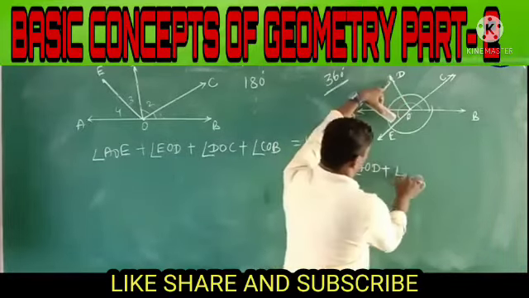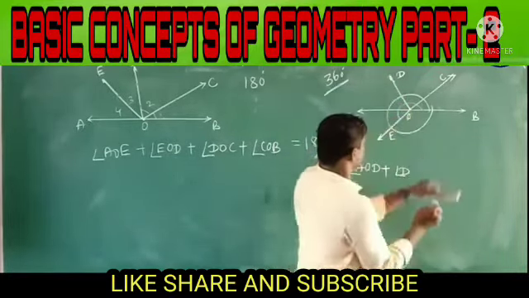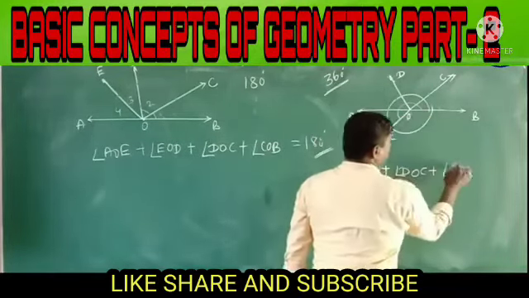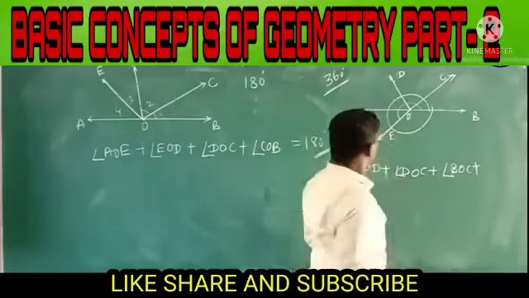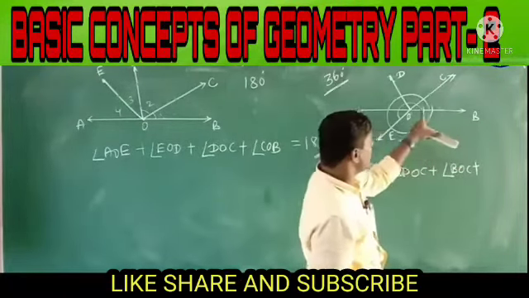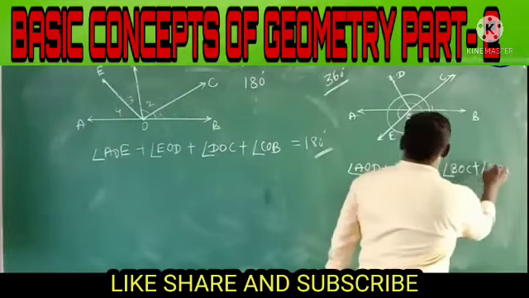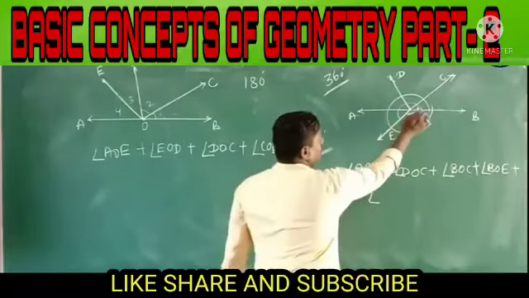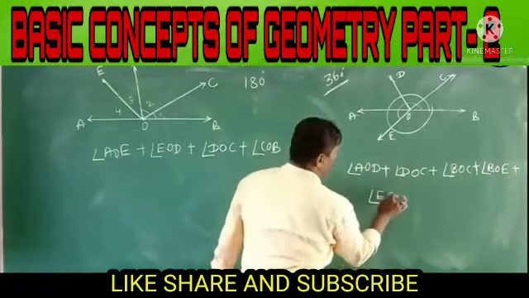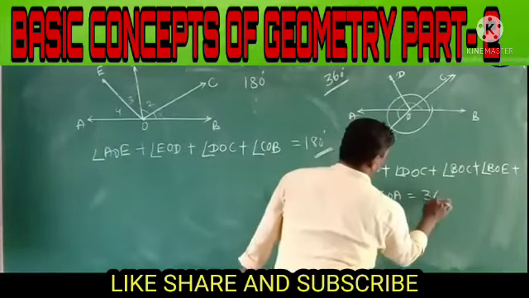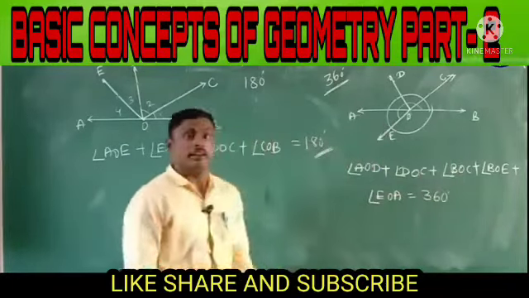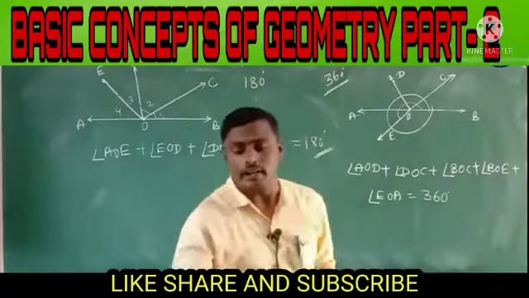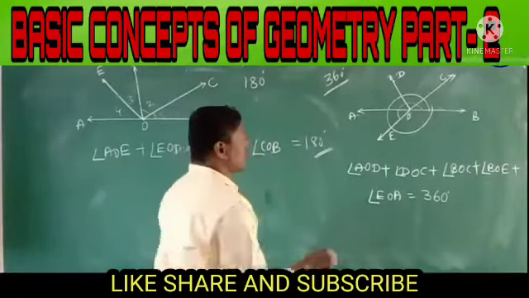Second angle, angle DOC, plus angle BOC, plus next one, angle BOE, plus angle EOA is equal to 360 degrees, because all these angles are formed at the same vertex or same point.